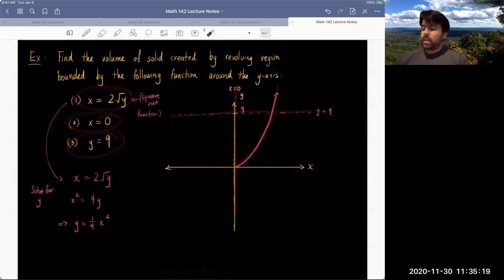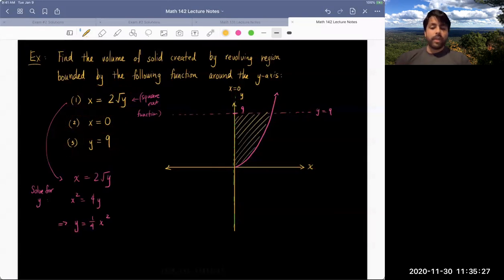And that region that's bounded is this. That's the region that I'm going to revolve. And when I do revolve, what happens? I'm revolving it around the y-axis. So what's going to be the result of this region being revolved around the y-axis?